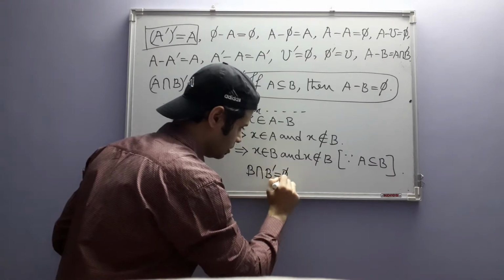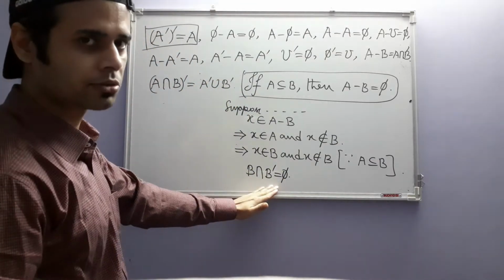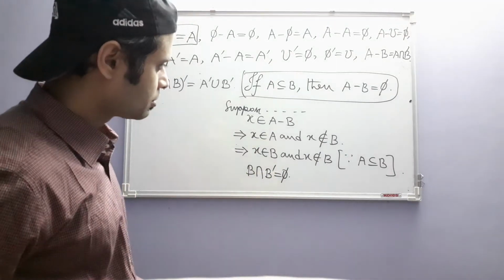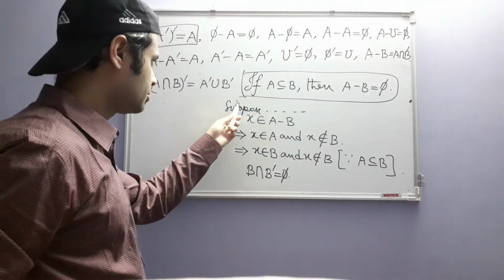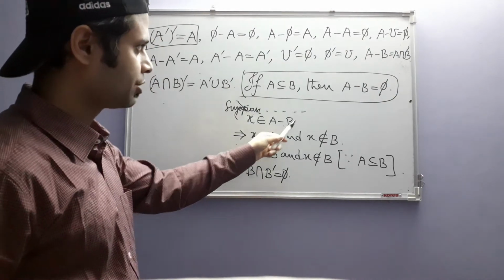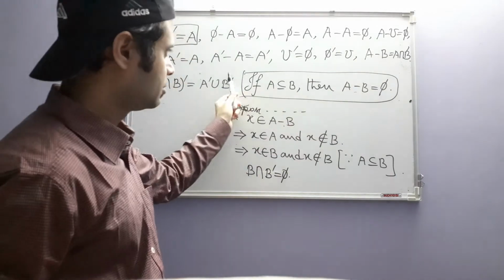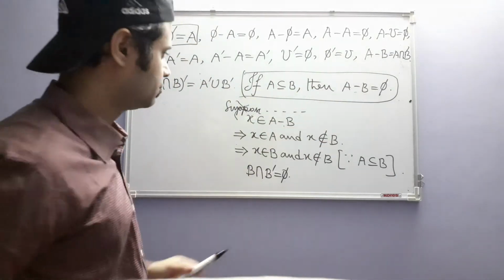No element can belong to a set and at the same time not belong to the set. So our supposition is wrong. That means there can be no element in A minus B. That's why A minus B is empty. So this part has been proved.